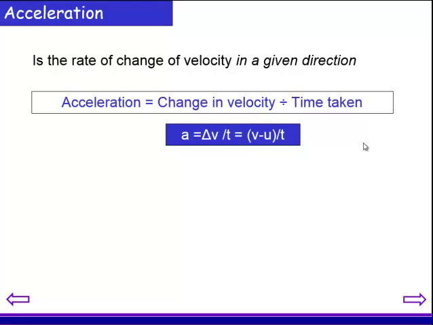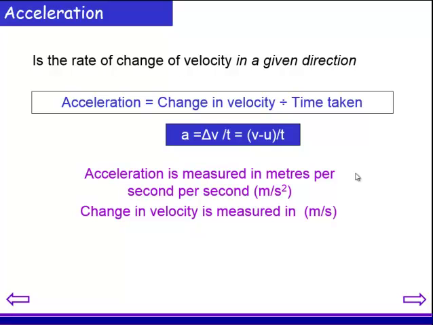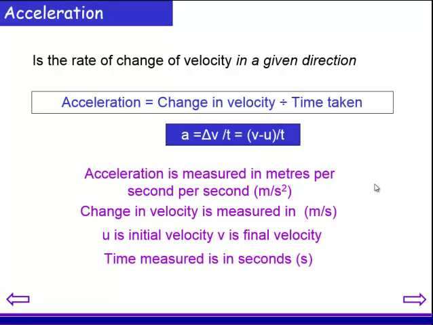Change in velocity is measured in meters per second, but sometimes it's shown as the final velocity minus the initial velocity. So change in velocity is final velocity minus initial velocity, and that gives us that change. This term v for final velocity and u for initial velocity we're going to continue to use through the course in some more advanced situations. And obviously time is measured in seconds.